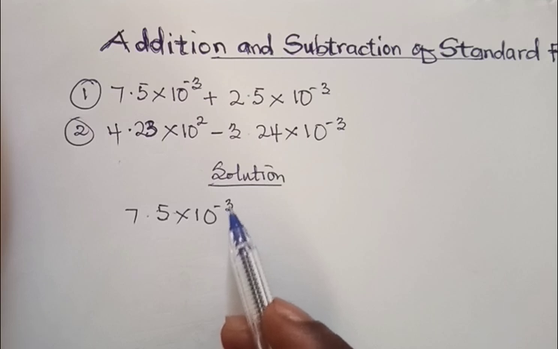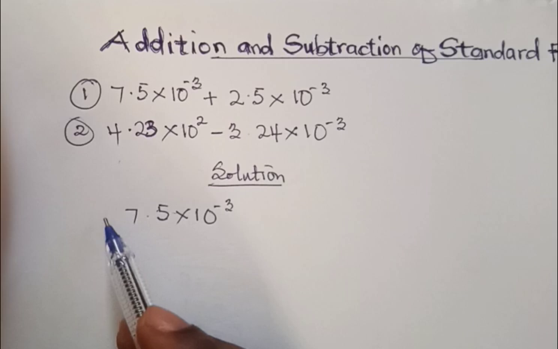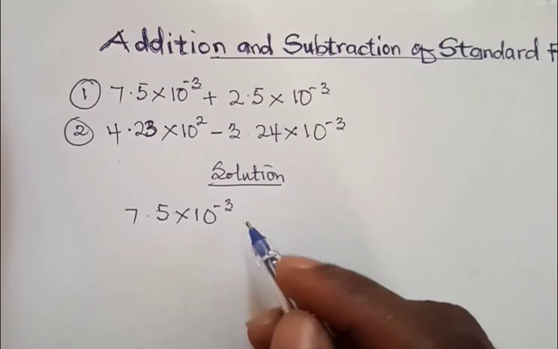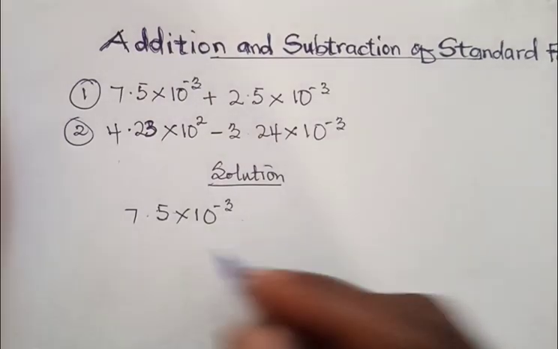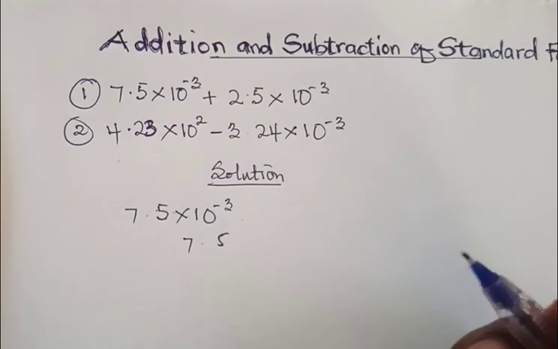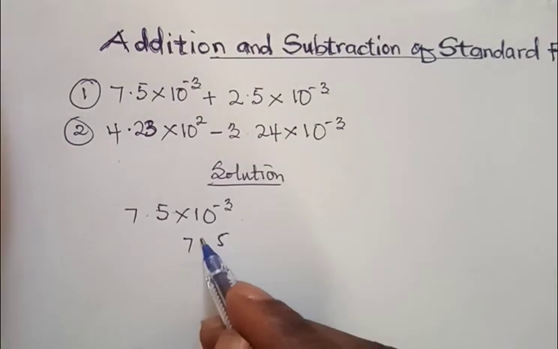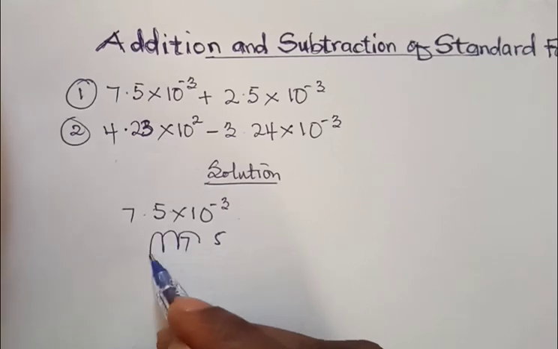This one we see exponent 3, so we are going to move the point from where it is to the left side, 3 times. So we have 7.5, and we move 1, 2, 3.